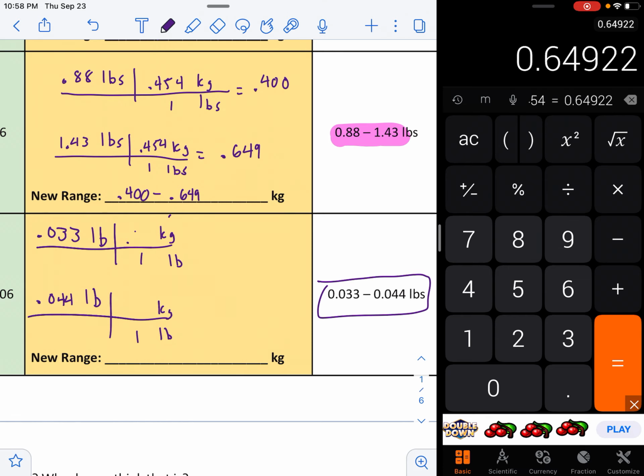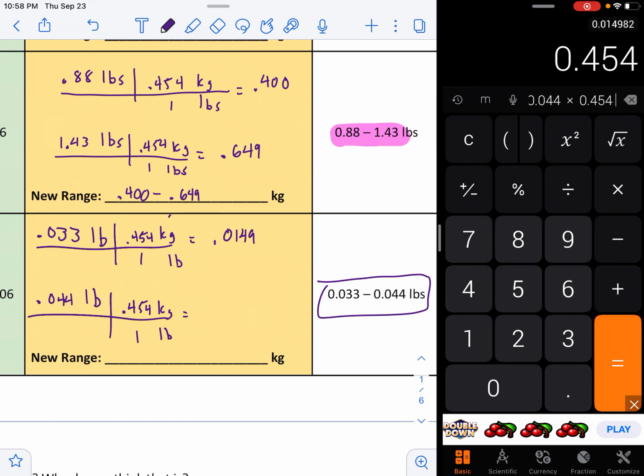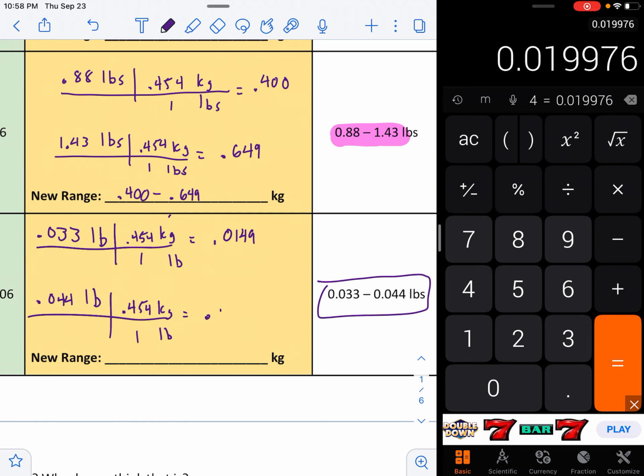Kilograms goes up top. And again, it's just simple math here, just multiplying really easy numbers. 0.044 times 0.454 is 0.0199. And then put this in your range. I'm going to move this up just to give myself a little bit more space.